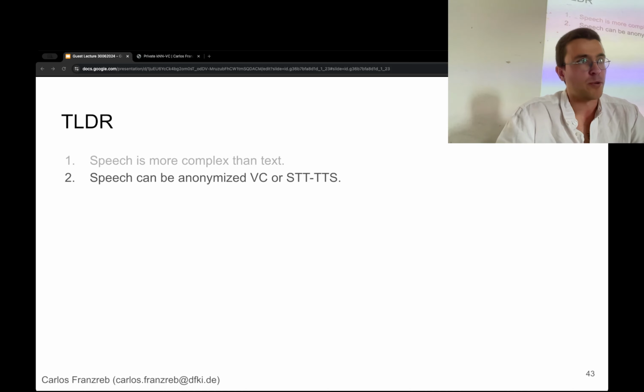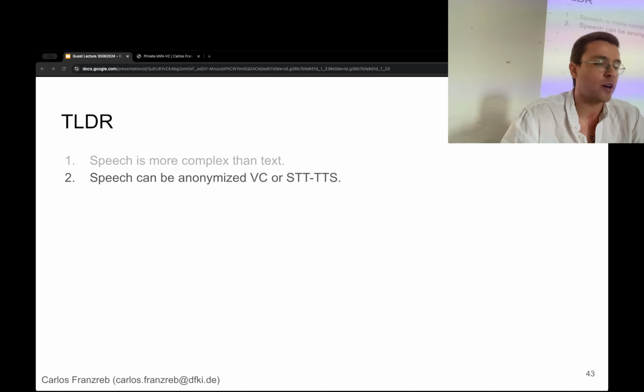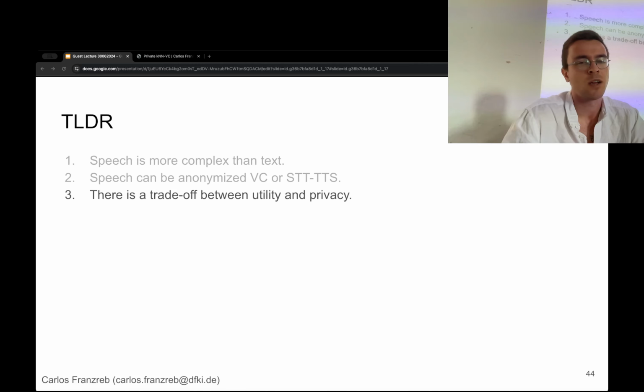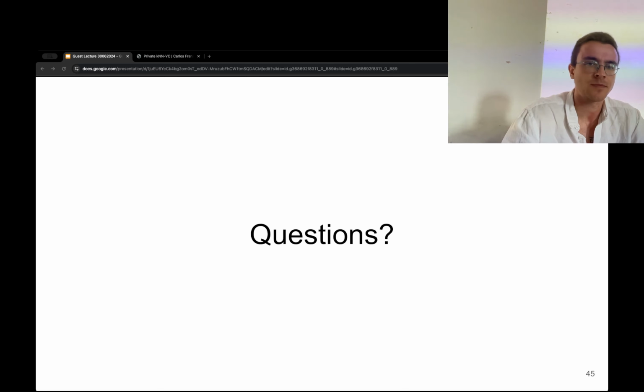There are two approaches to anonymizing speech, each with their own characteristics and each suited for different applications. And we're always exploring this trade-off between privacy and utility, resulting in different approaches being better suited for different applications.